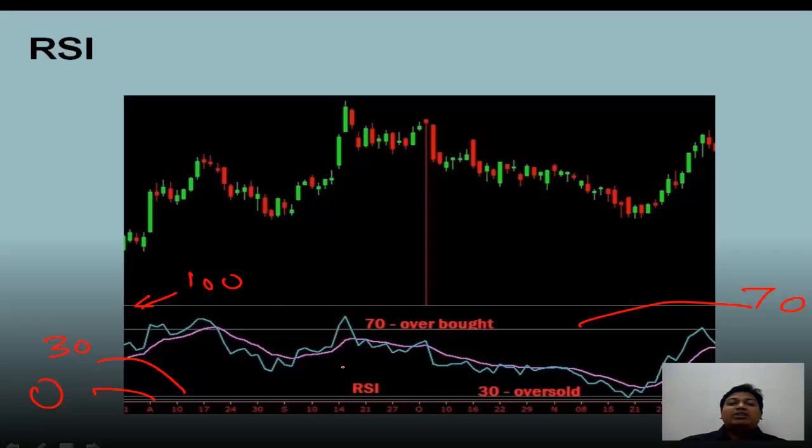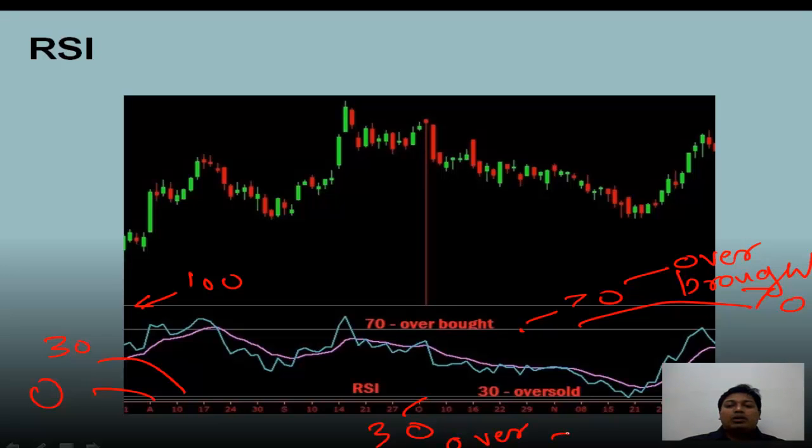Which essentially means that as I plot, this indicator keeps on moving between 70 and 30. Now 70 is called overbought and 30 is called oversold. This is how the indicator works.